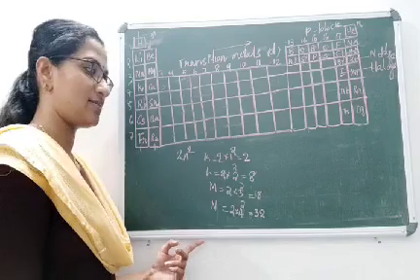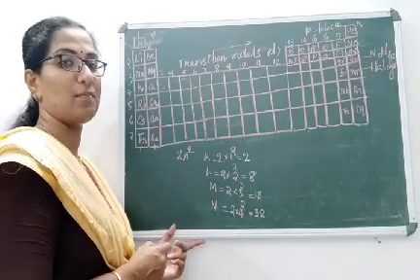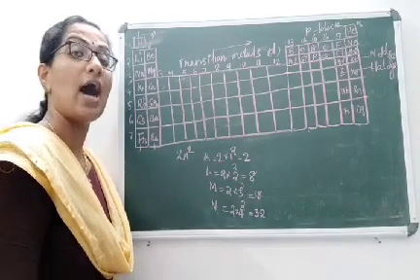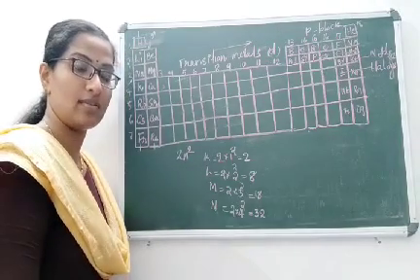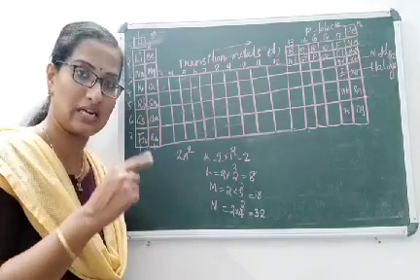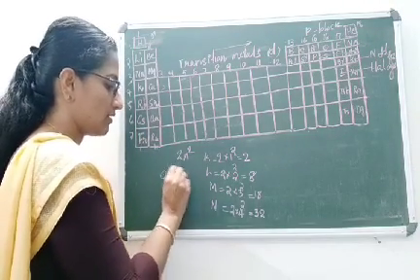But students, we know that the octet rule was also put forward by Bohr-Bury. What is the octet rule? The outermost shell should end up with 8 electrons. That rule is known as the octet rule.